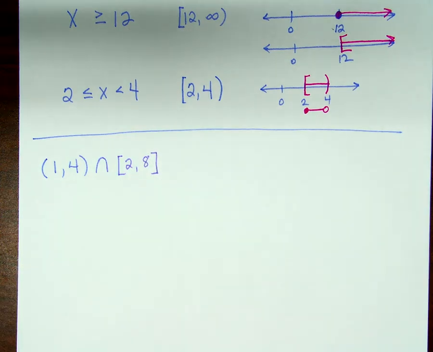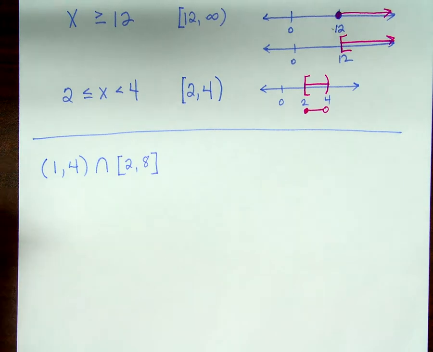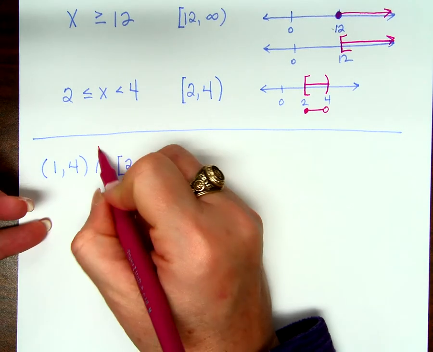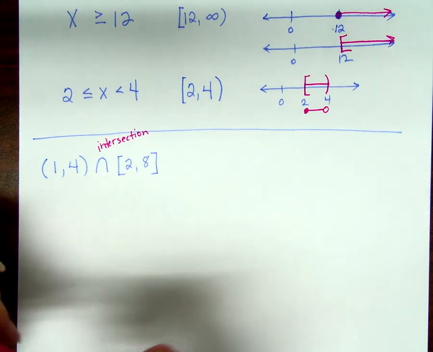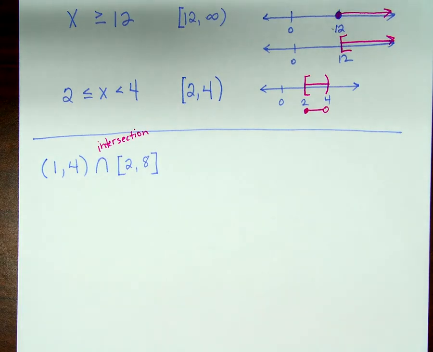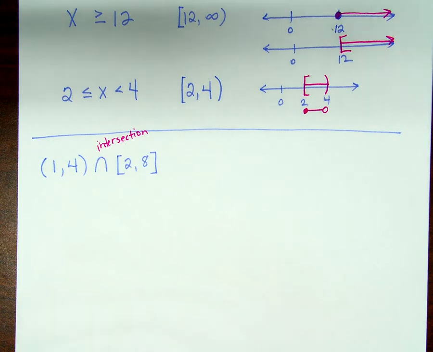So this symbol right here is an intersection. It's like, what do they both have in common? This is the first part. This is the second part. I want to know where they intersect each other.